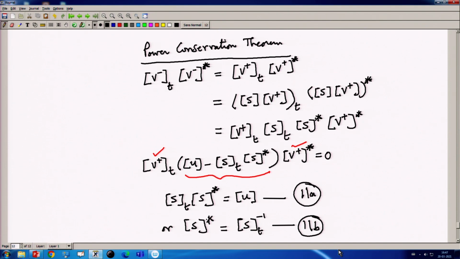So, basically we can obtain the same unitary characteristics from these expressions. 11b is the definition of a unitary matrix. And the conditions 5 and 10 we discussed before can be obtained by performing the matrix multiplications in equation 11a.